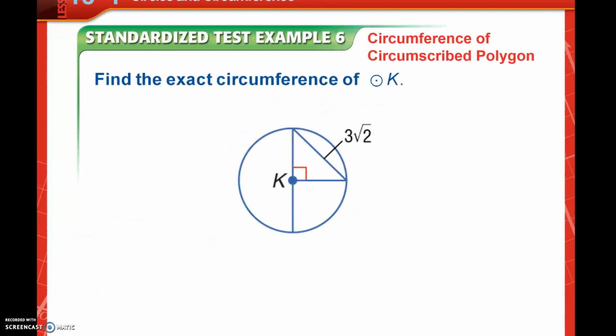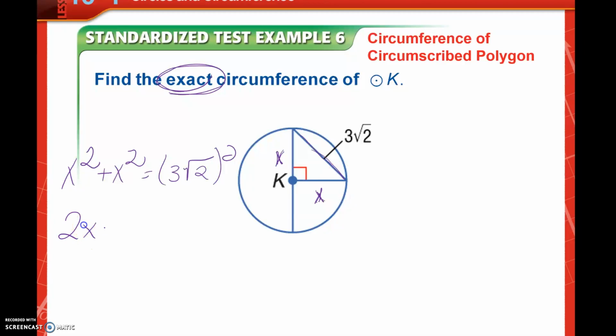When it does ask for exact, we want to use the pi. So we can see that word exact, we would leave it in pi. We know this equals the same as this, so we want to find the radius to find circumference. So x squared plus x squared equals 3 square root of 2 squared, because that's a right triangle there.